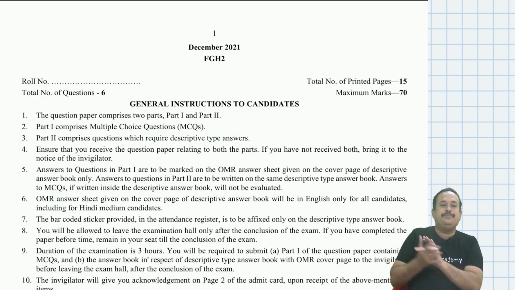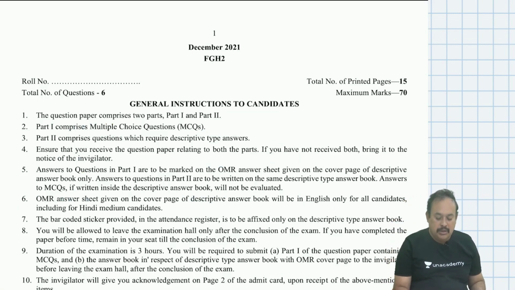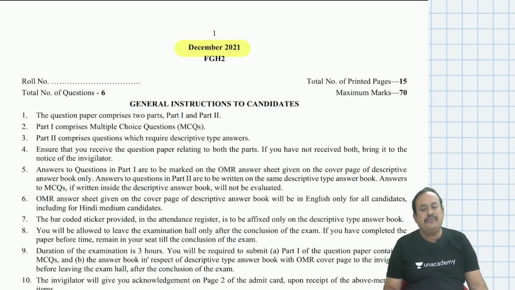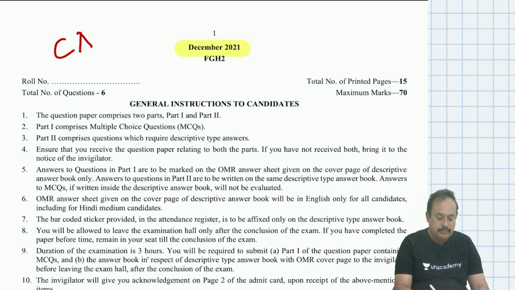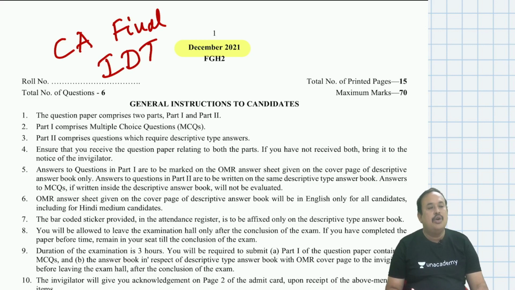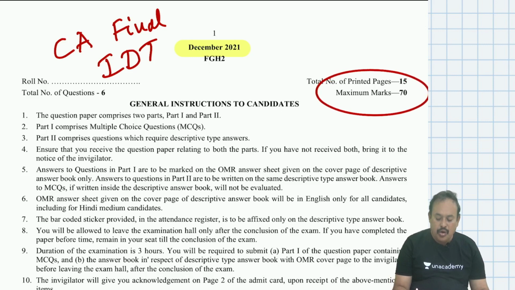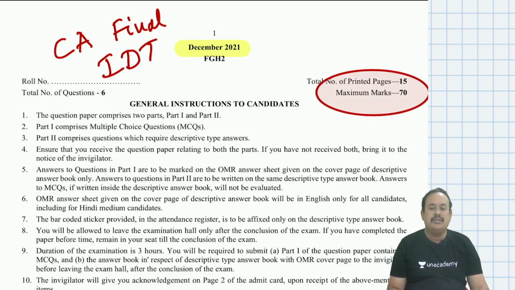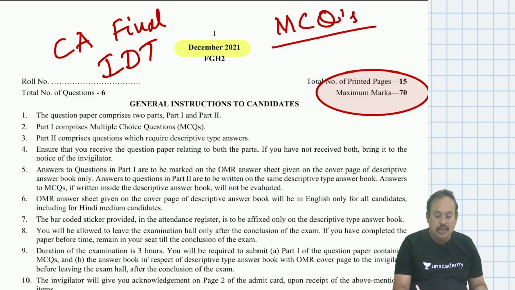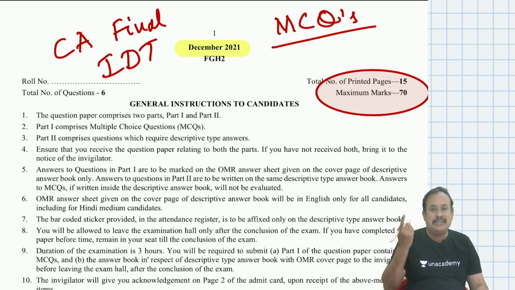Look here, my dear friends. December 2021 CA Final Indirect Taxes question paper, wherein we are now covering 70 marks of the question paper, because the 30 marks, as you are aware, are multiple choice questions that you have to mark in a separate sheet and hand over to the examiner.